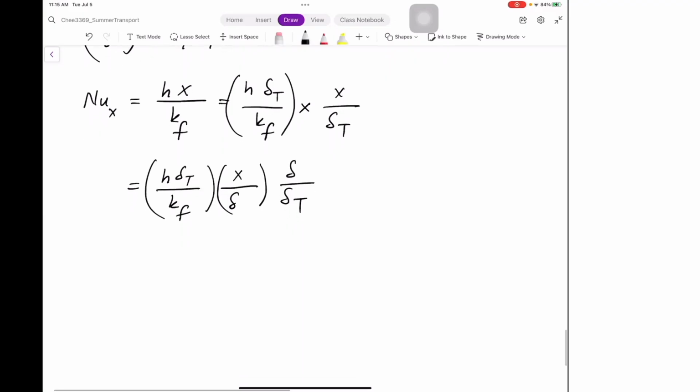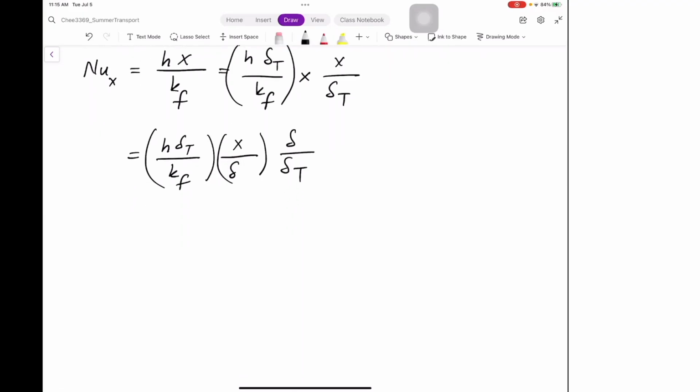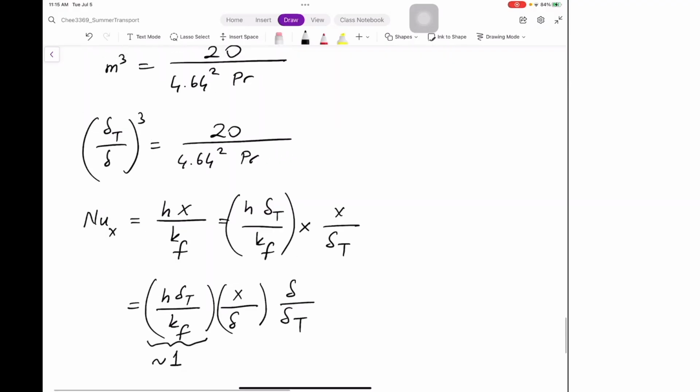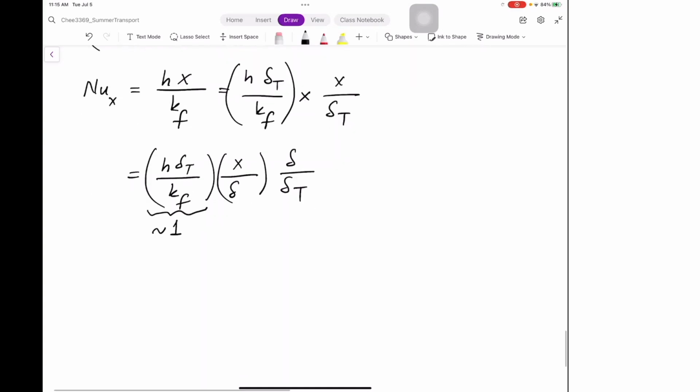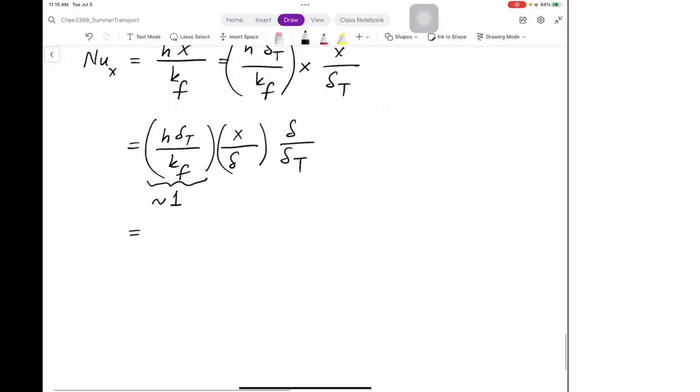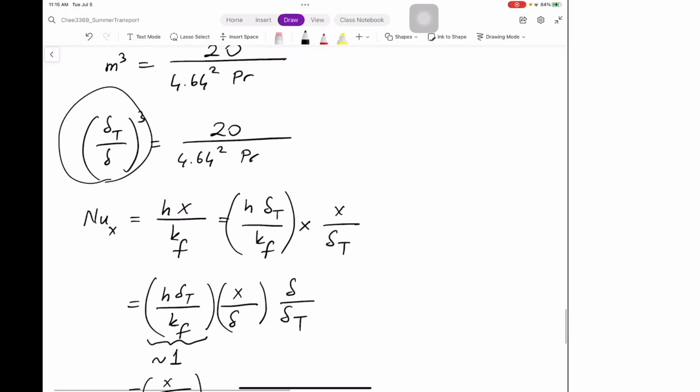Okay. And we had argued that this term, h delta T over kf, is in the order of 1, right? I guess we had talked about this before. For this particular case, that's equal to x over delta times delta over delta T, which is basically from this solution.